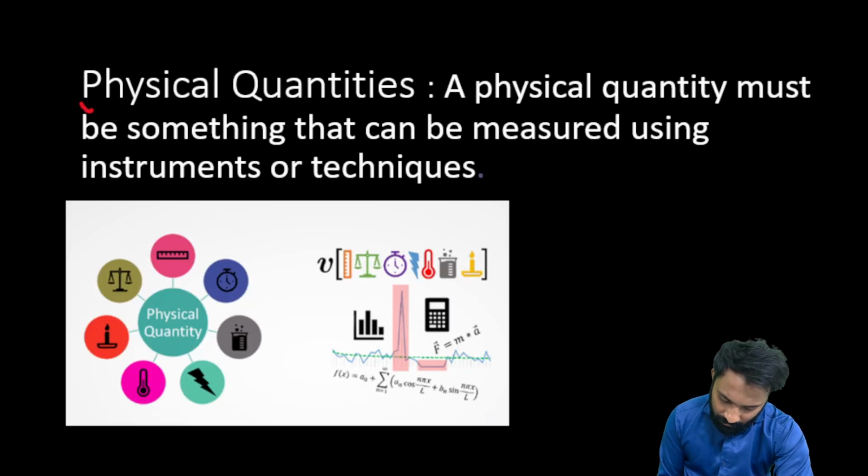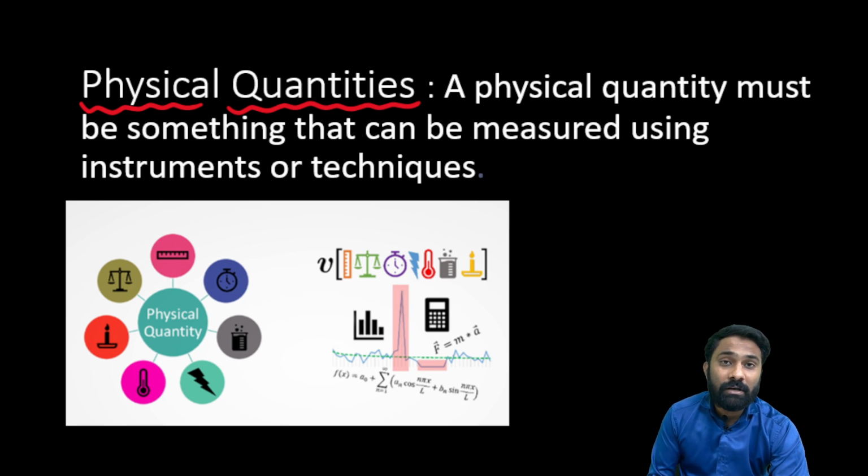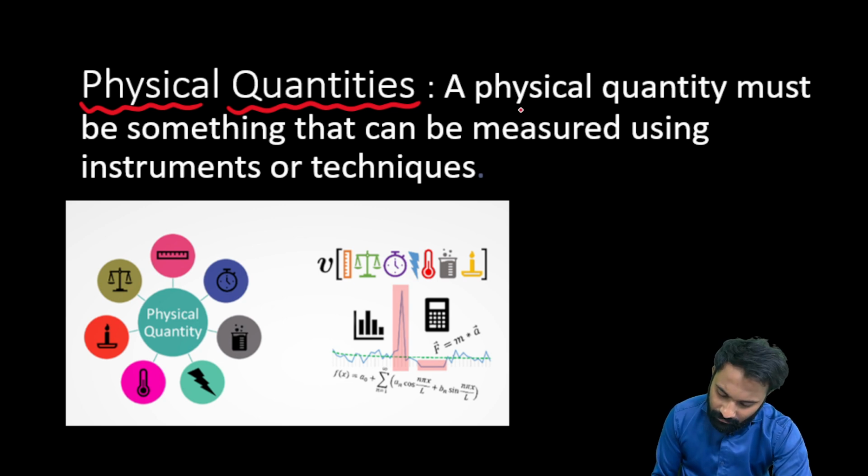Now we'll see the meaning of physical quantities. To express physical quantities, we require not only mass, length and time, but other units also. What is the meaning of a physical quantity?